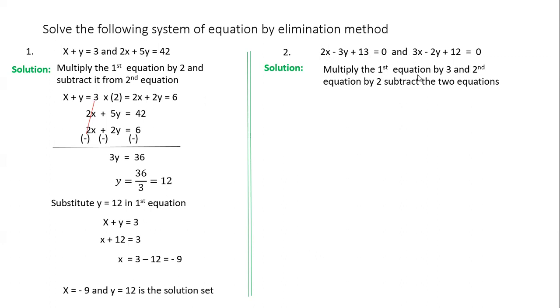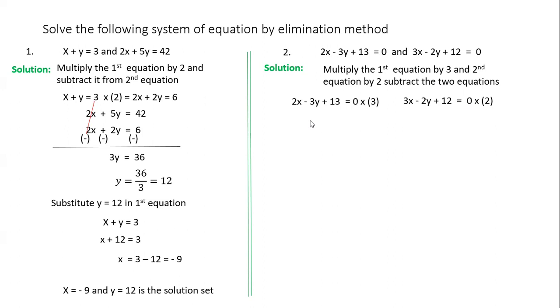So multiply the first equation by 3 and the second equation by 2 and subtract the two equations. So here 2x minus 3y plus 13 equal to 0, into 3. And the second equation is 3x minus 2y plus 12 is equal to 0, into 2.